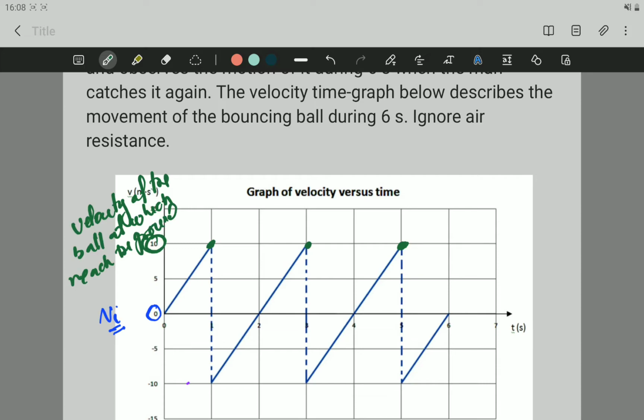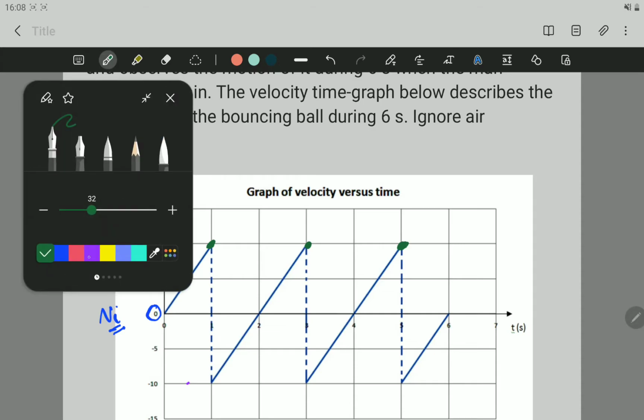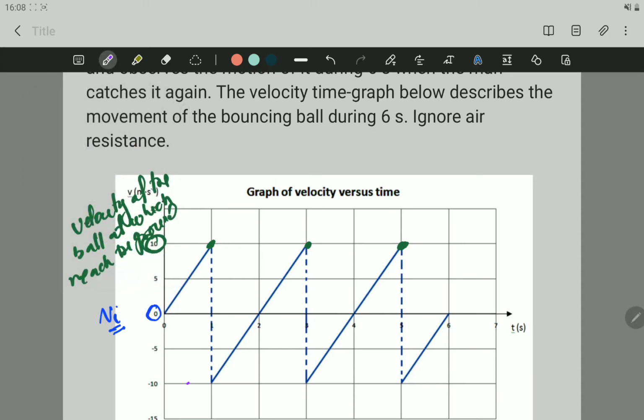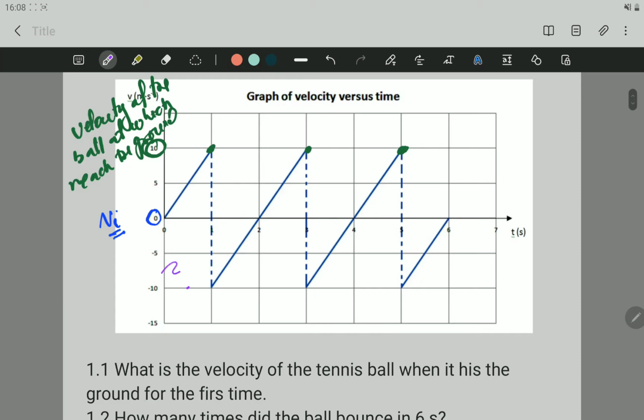Now what happened? The velocity of the ball changed direction and the ball leaves the ground in a bounce. So this minus 10 is the velocity at which the ball leaves the ground.